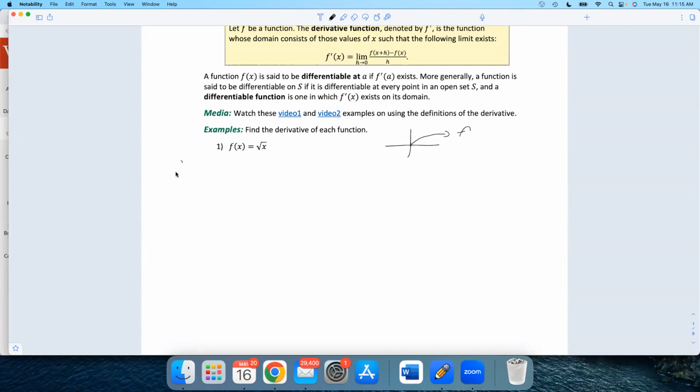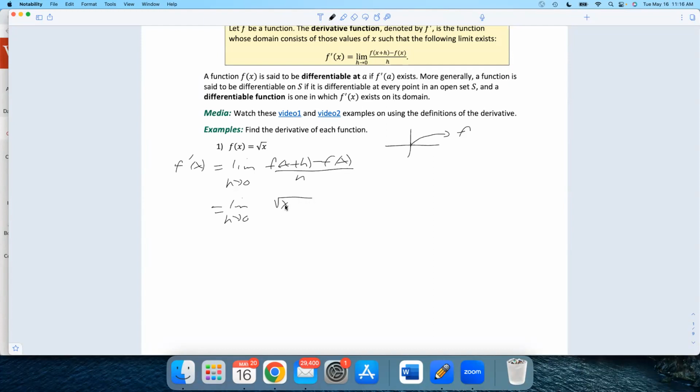Then its derivative, f prime of x, equals the limit as h approaches 0 of f of x plus h minus f of x all over h. That's our definition of the derivative. So that will be limit as h approaches 0. f of x plus h means take the original function and every place you see x, now we write x plus h instead.